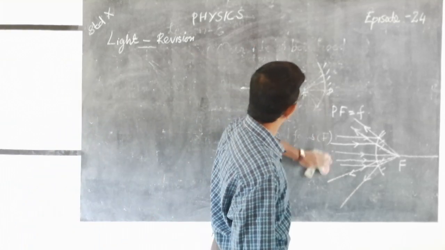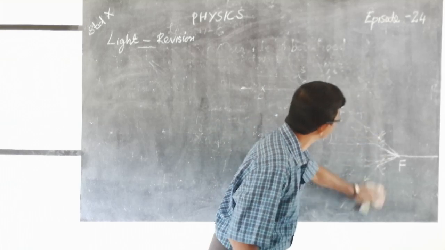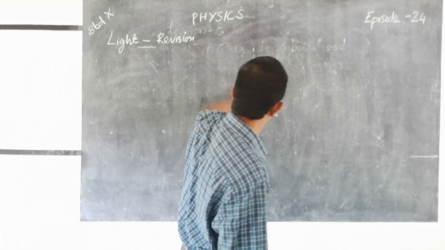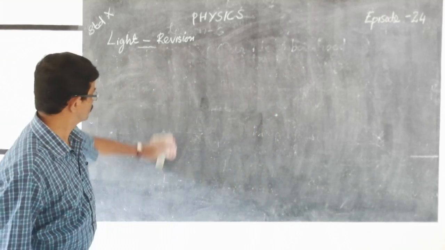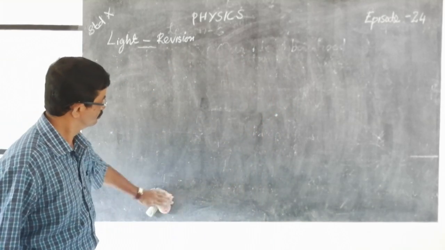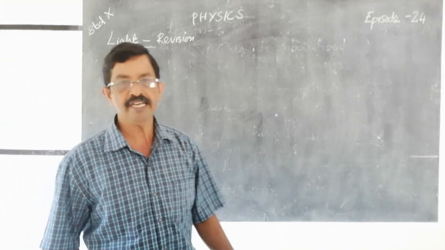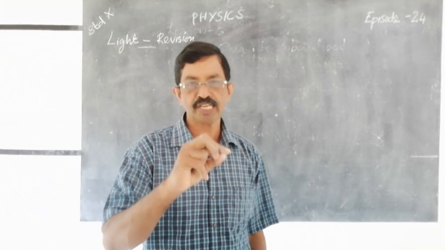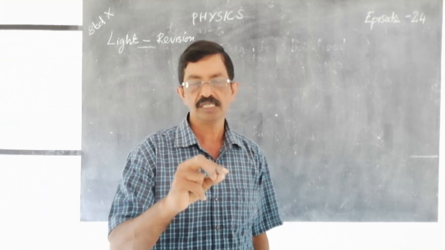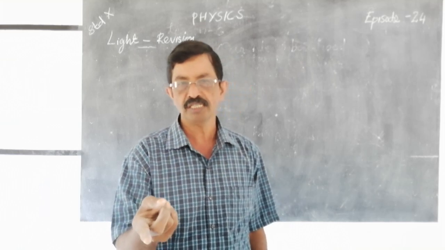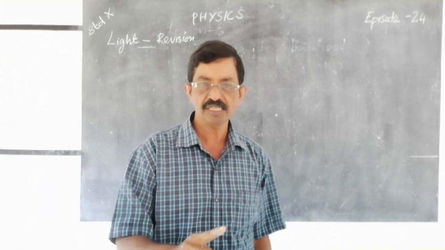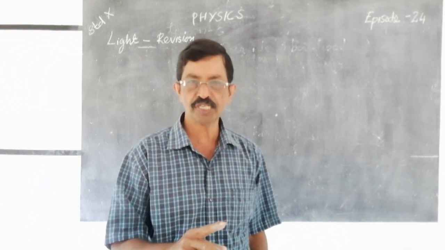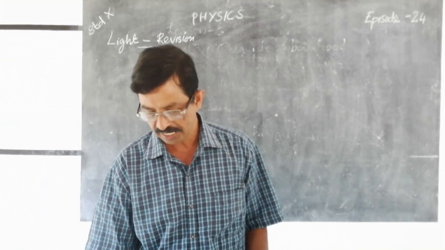Try to remember once again. Pole, center of curvature, radius of curvature, aperture, principal axis, principal focus, focal length.